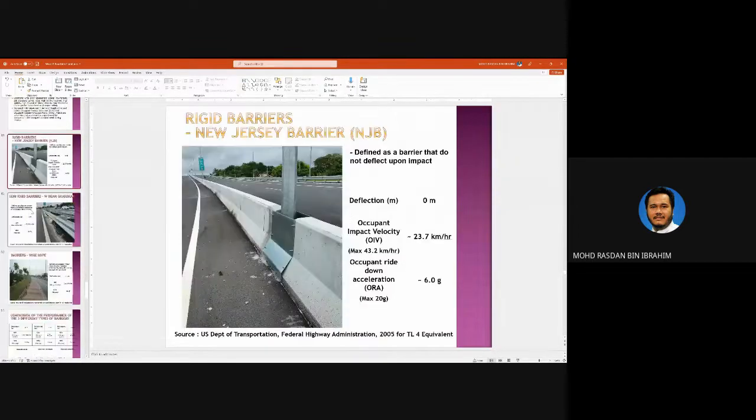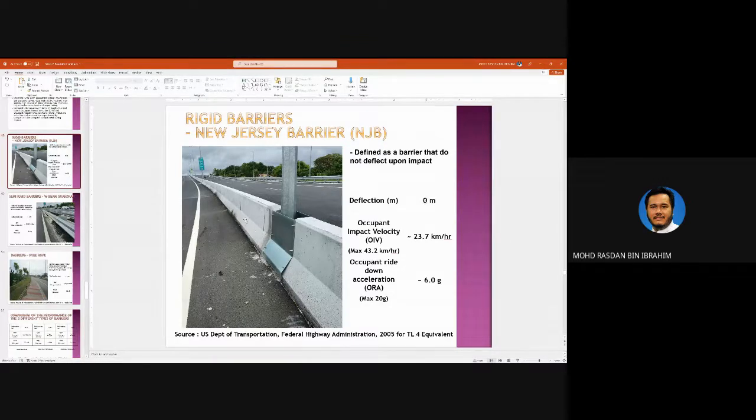For example, if you have a concrete New Jersey barrier, normally it is used where the width of the median is very narrow. If you have enough space, you should avoid using concrete barrier, because the deflection here is zero.